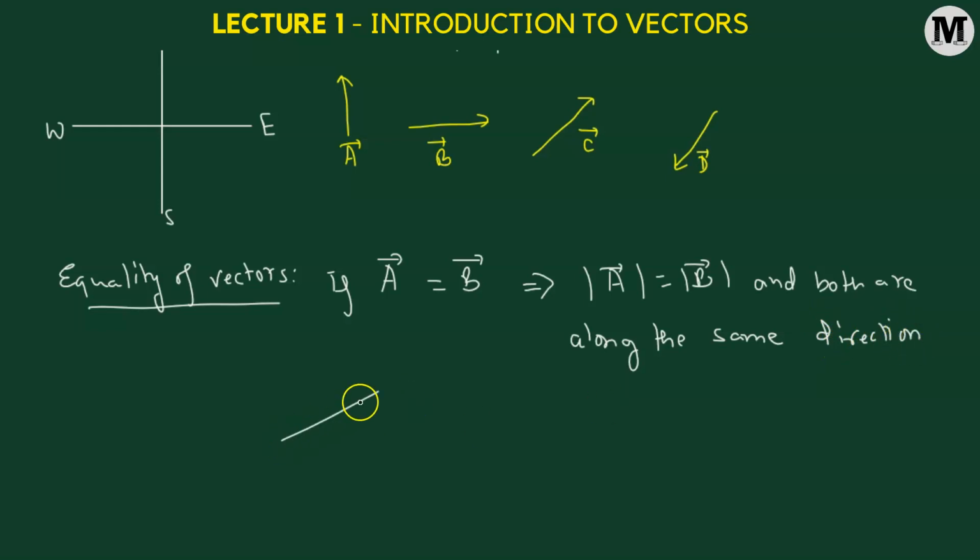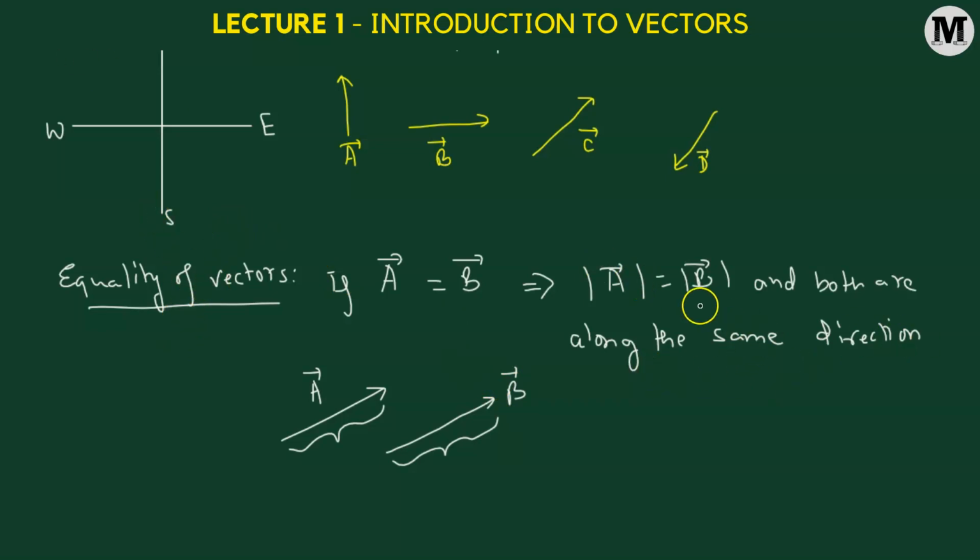For instance, let's say this is a vector A which is along the northeast direction, and we have another vector B which is also pointing in the northeast direction. And if the magnitude, which in diagram form is simply the length of the arrow of A, equals the length of the arrow of B, then we can say that the two vectors are going to be equal to each other. So that's what we mean by equality of vectors.